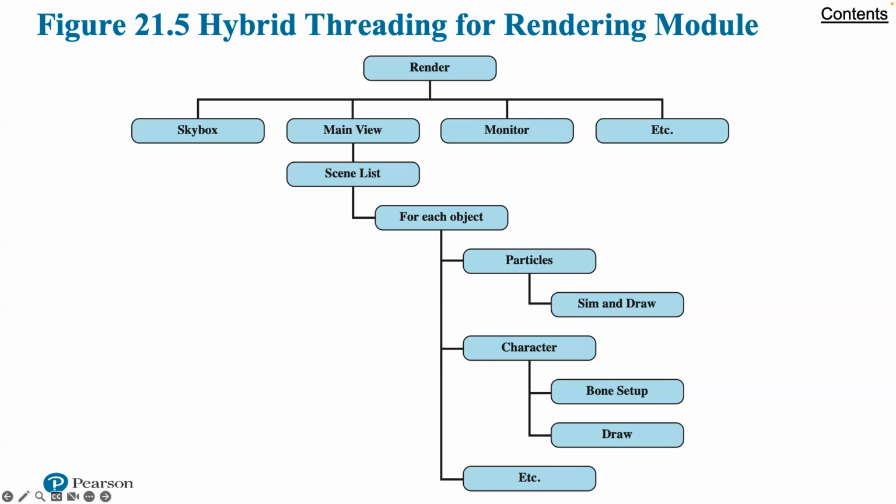Figure 21.5 that we're showing here illustrates the thread structure for the rendering module. In this hierarchical structure, higher level threads spawn lower level threads as needed. The rendering module relies on a critical part of the Source engine, the world list, which is a database representation of the visual elements in the game world.